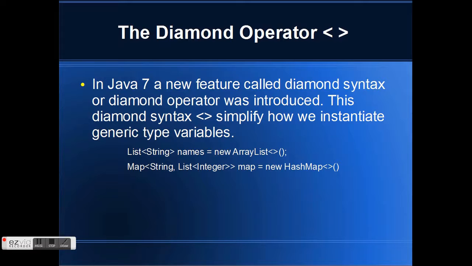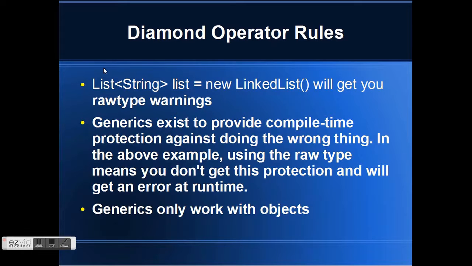So it instantiates the list of strings. Map of String to a List of Integer, a new HashMap. It's instantiating a very generic type when you do this.